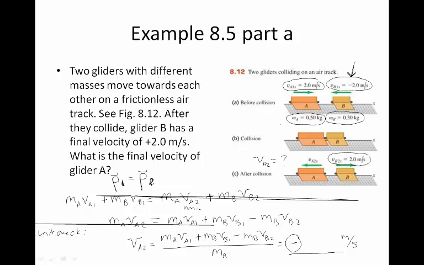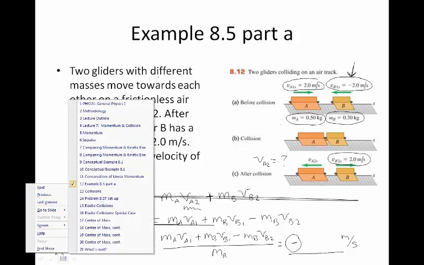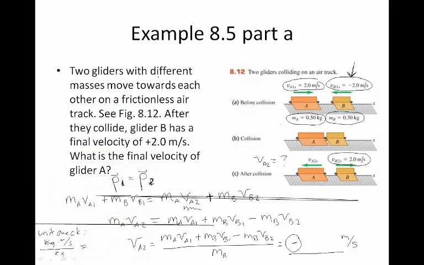So that would be kilograms times meters per second, all divided by this mass term, which has units of kilograms. Kilograms cancel. We can see we'd end up with units of meters per second. Check. That's what we should get. As far as what you get here in your answer, I'm sure you guys are capable of typing that into a calculator and getting an answer.